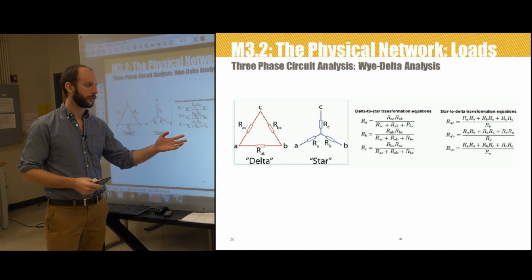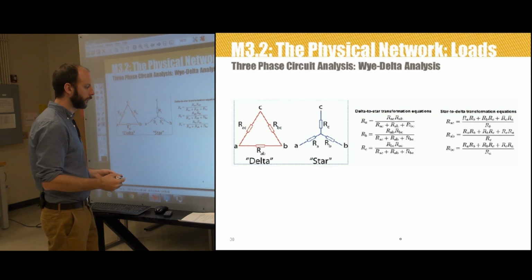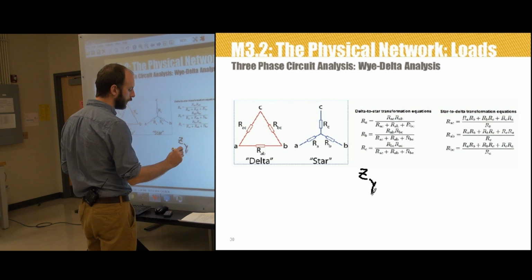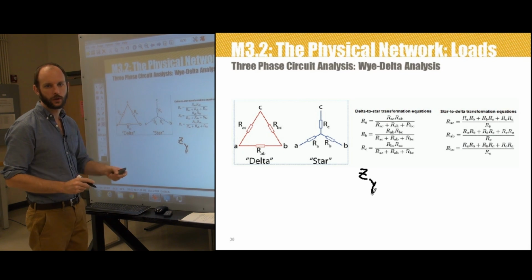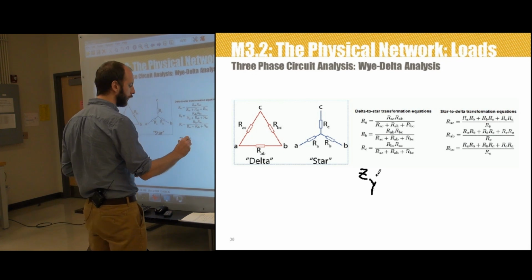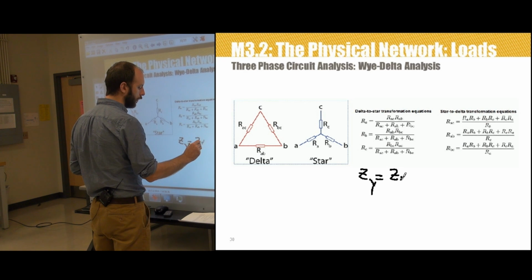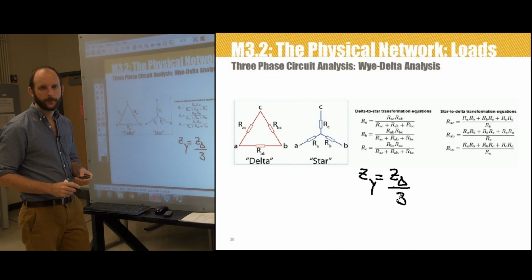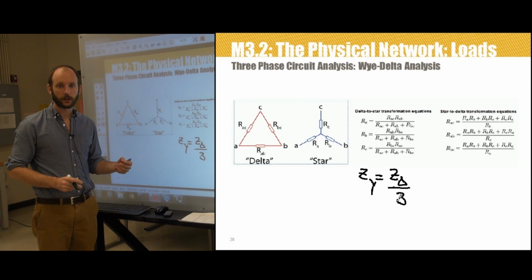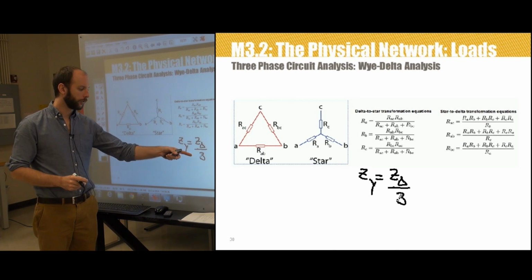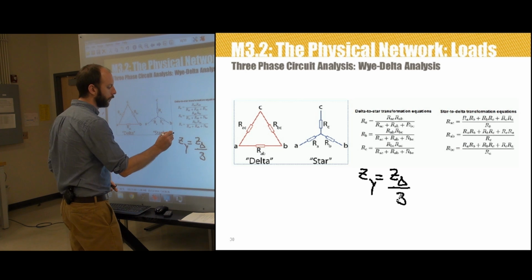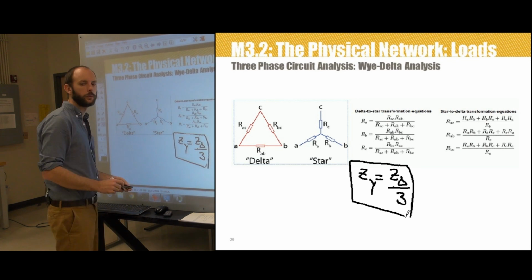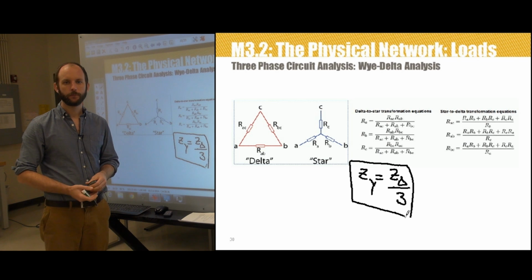For balanced circuits, the equation reduces to Z_Y, the impedance of the Y connected branch, is just equal to Z delta over 3. So for a balanced circuit analysis, there's a substantial amount of reduction, and the only equation you have to remember to convert between the two is Z_Y equals Z delta over 3.